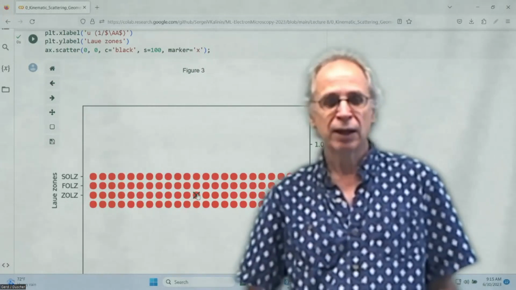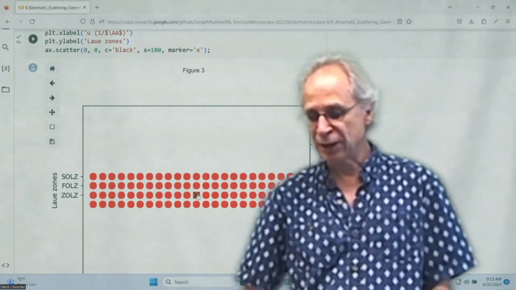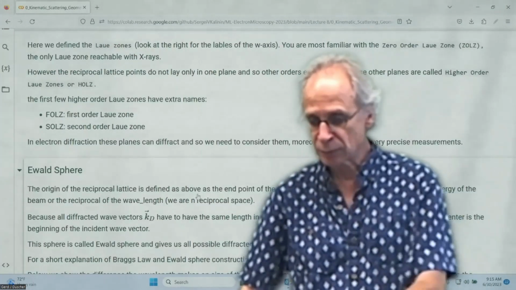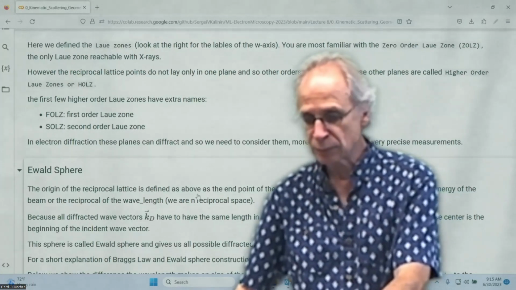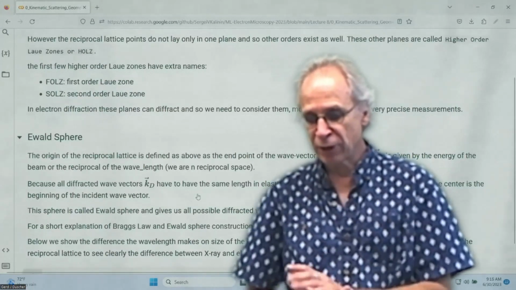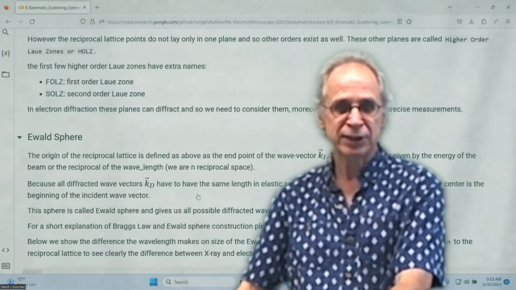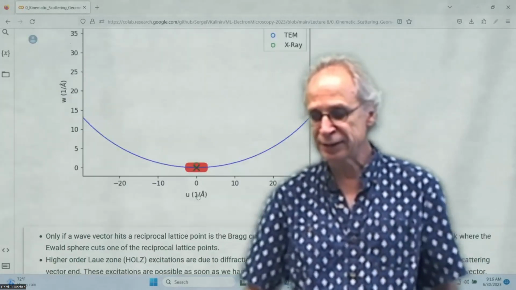Okay, how does that fit now with our diffraction part? So now let's see what the Ewald sphere looks like in that thing.